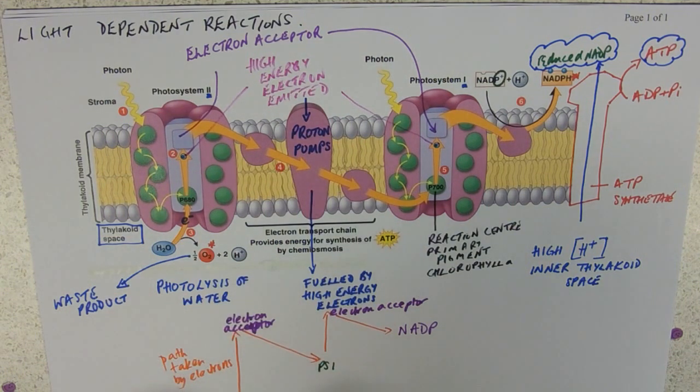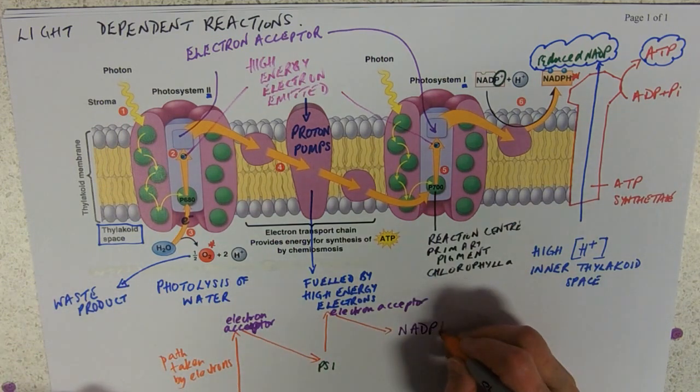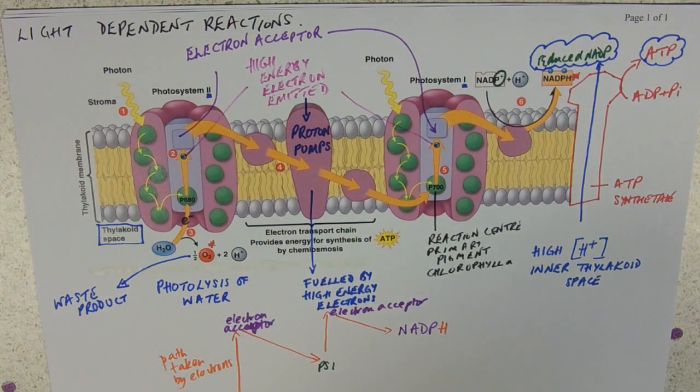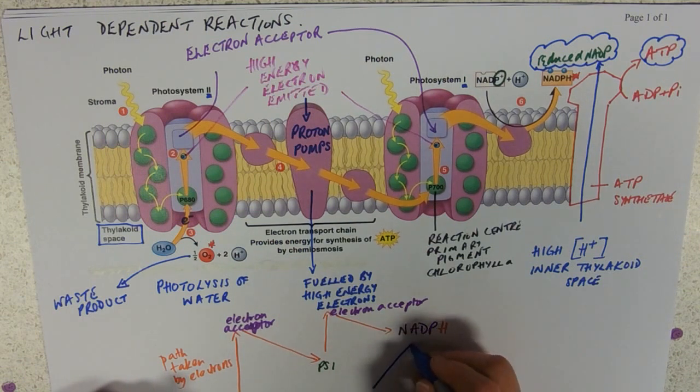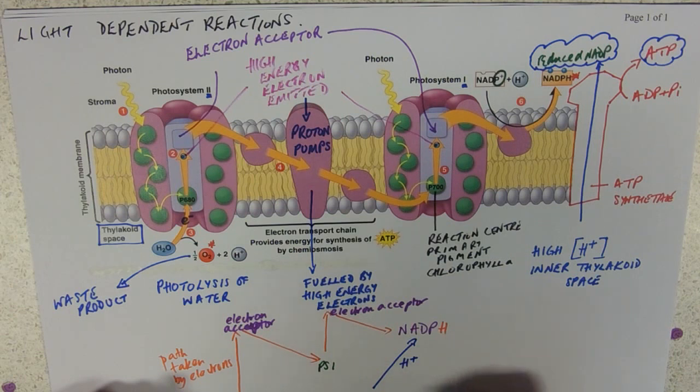At the bottom we've got photosystem II and I, and then we've got our NADP, which is going to be reduced into NADPH. And of course what you'll often see then is photolysis put in with water, electrons going that way, protons going that way, and oxygen being given off.